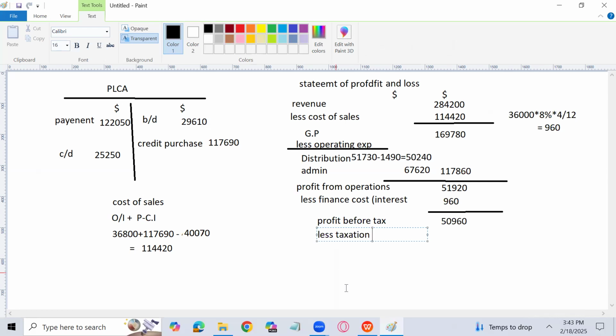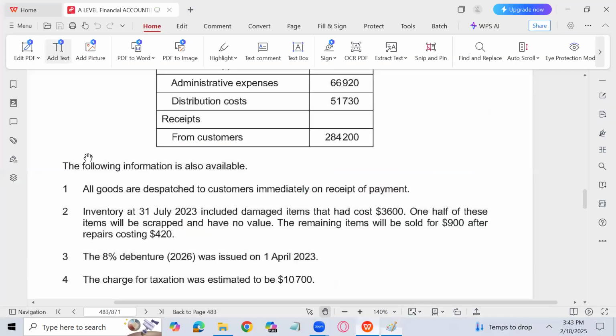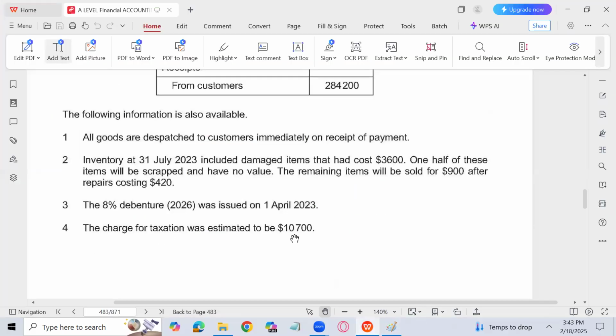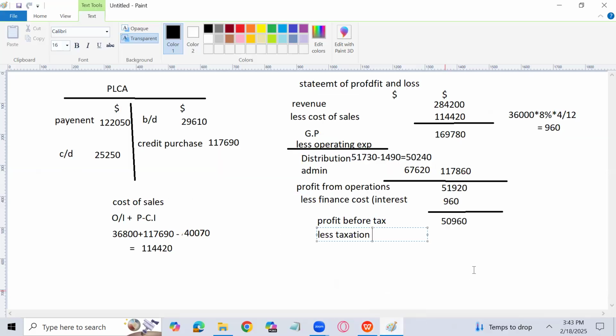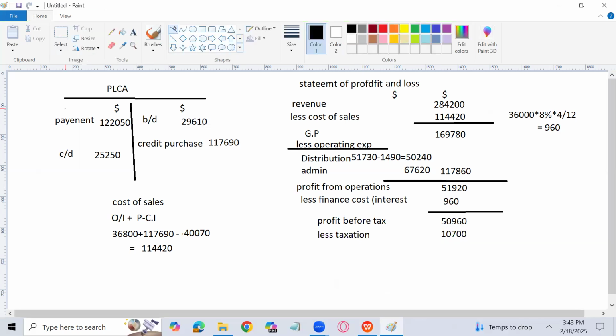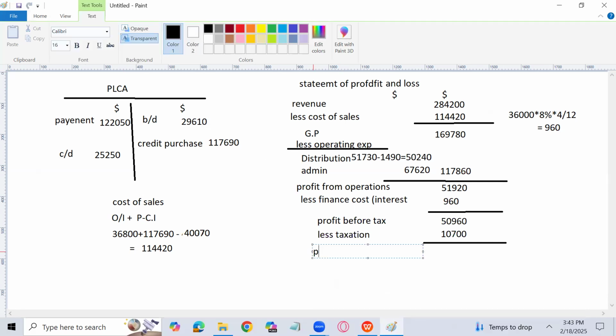So it comes in the income statement, and taxation is given as 10,700, which we have to pay. It is also an expense, but it is always subtracted at the end of the statement of profit and loss in the company accounts. So this is known as profit after tax. What is the amount? 40260. So that is my profit after tax.